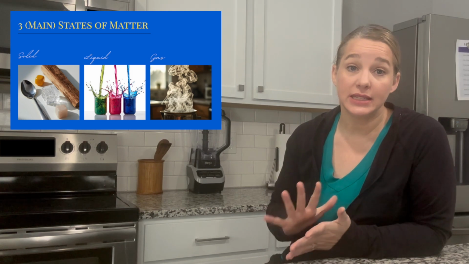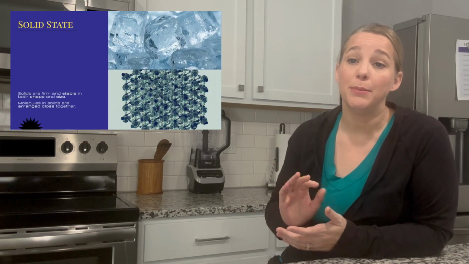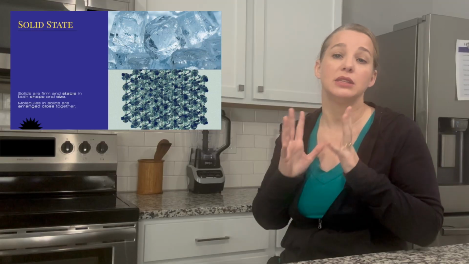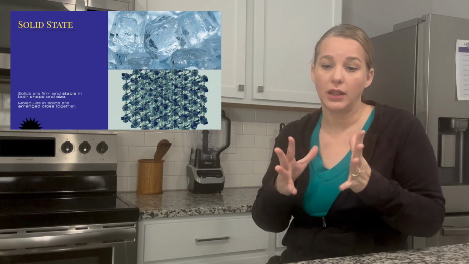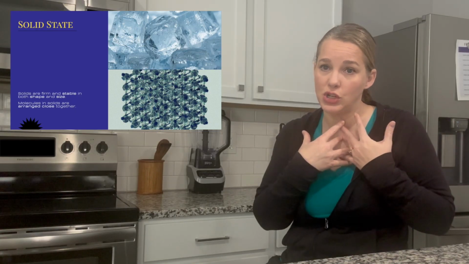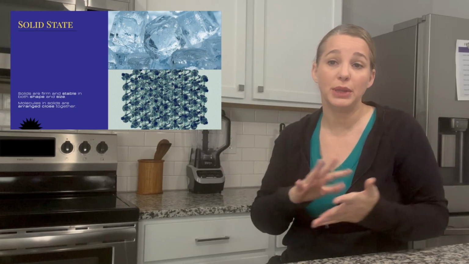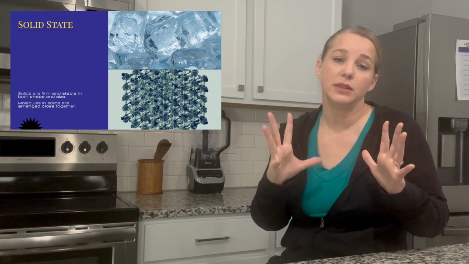So in the solid state, solids are firm and they're stable in both their shape and their size. So if you take something solid and put it inside a container, it's still going to keep its own shape. It's not going to change how big or small it is. It takes up the same volume no matter what.